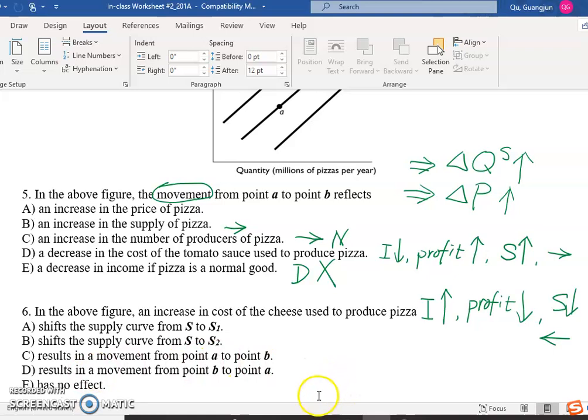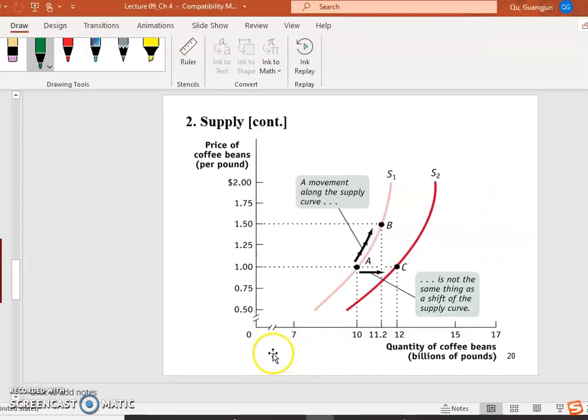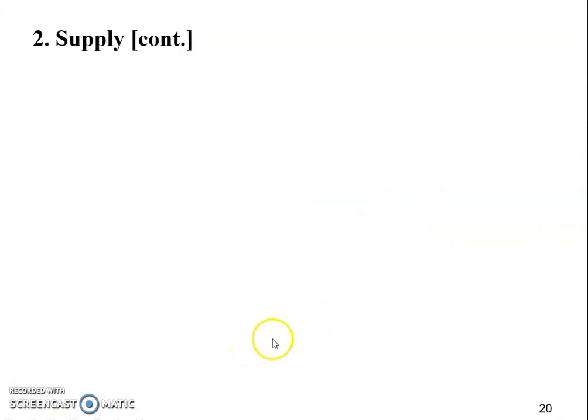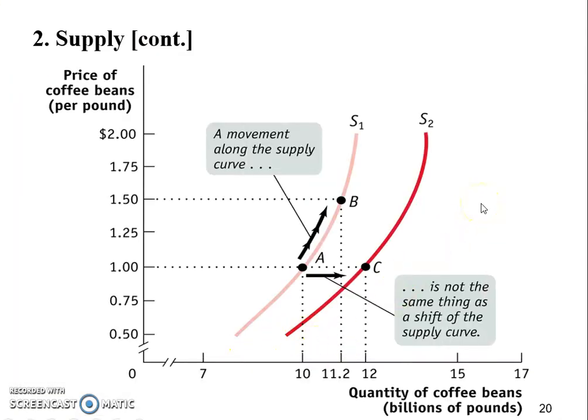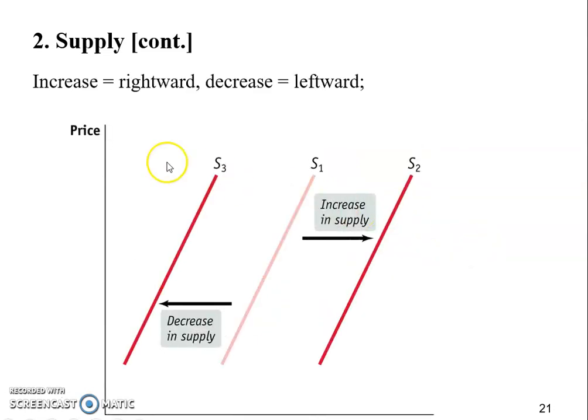Before that, I want to go back to the slides and briefly mention these, again, just another way to show you graphically the difference between a movement along the curve and the shift. I especially want to talk about this. The increase means rightward shift and decrease means leftward shift. This is consistent between the demand and the supply theories.